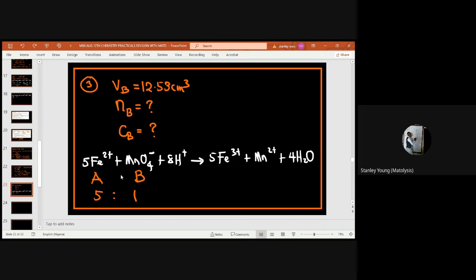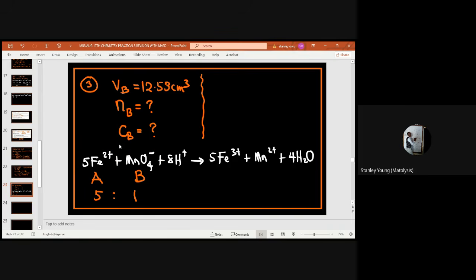You get that? Since we know the number of moles of this, we can easily use it to get the corresponding number of moles of this. I'm sure you understand that.